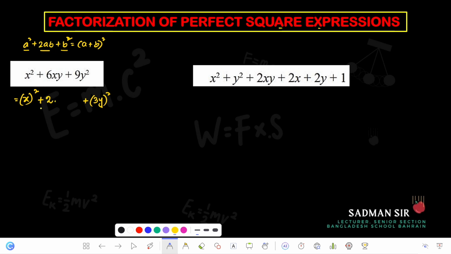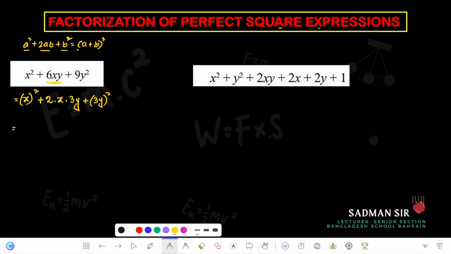The first one a is x, and b is 3y. I have to check whether it matches the given term: 2 threes are 6, and x into y, xy. So this expression can be written in the shape of this formula.